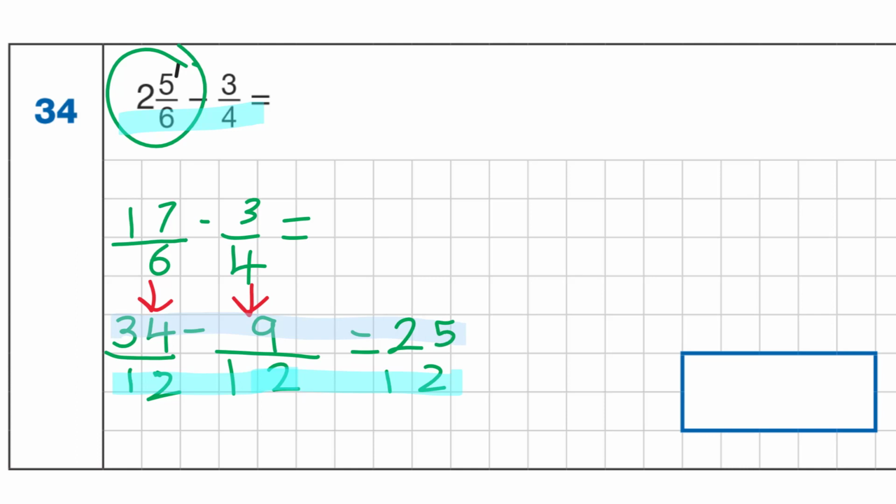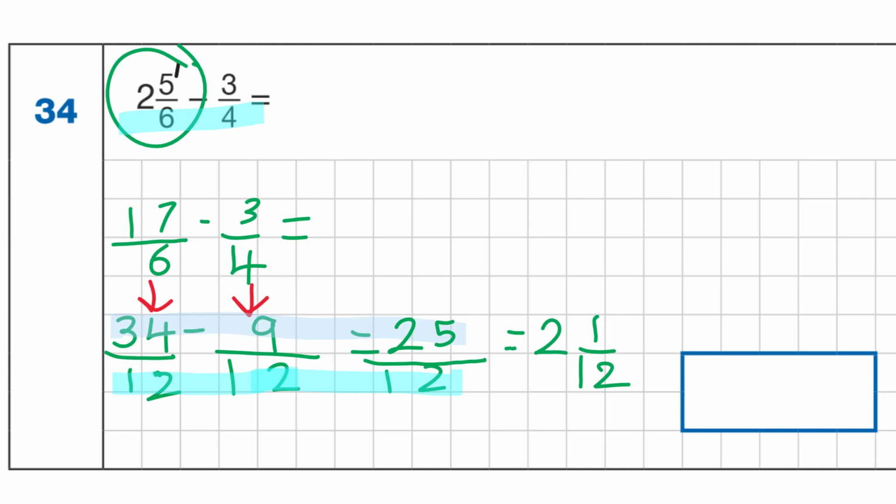Okay, now that I have my answer, I need to change back from my improper fraction to a mixed number. I know that 25/12 is an improper fraction because it's top heavy, the numerator is bigger. So I think about how many 12s fit into 25, and that is 2, with a remainder of 1.